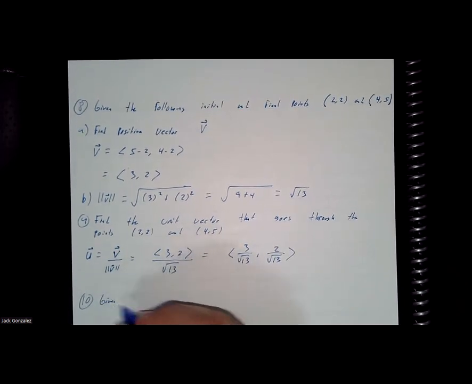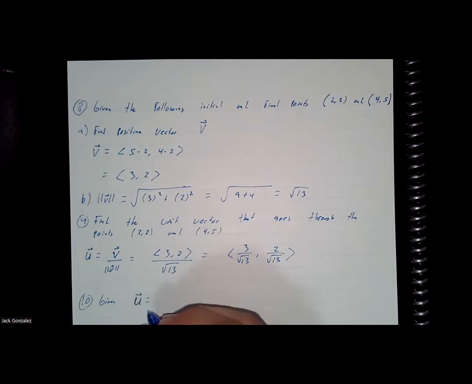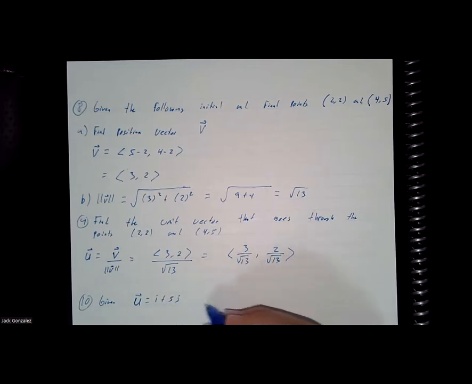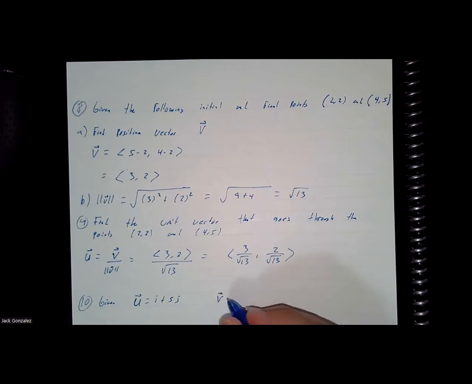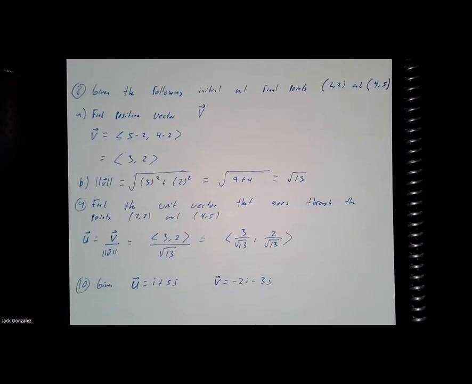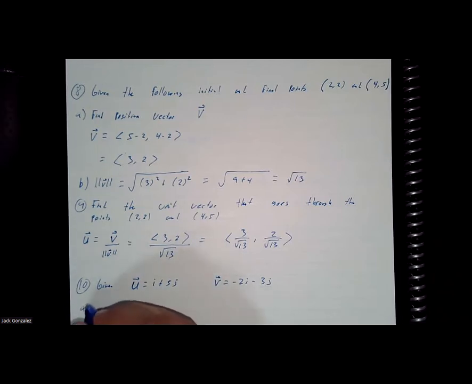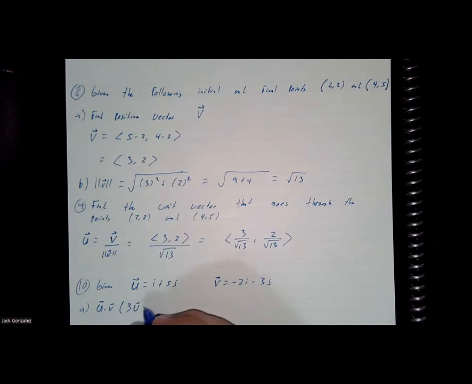Number 10, given vector u equal to i plus 5j and v equal to negative 2i minus 3j, find u dot v times 3u minus 2v.